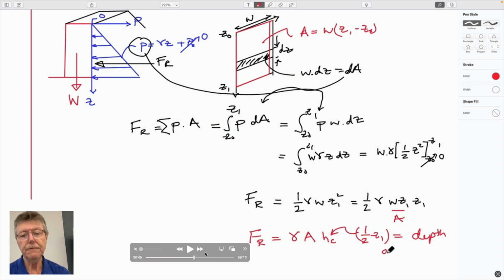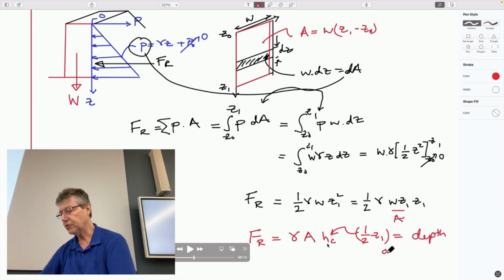And so the force that's applied on any flat structure, independent of whether it's vertical or inclined, is equal to the unit weight of the fluid acting on it, an incompressible fluid, times the area of the plate multiplied by the depth of the centroid.